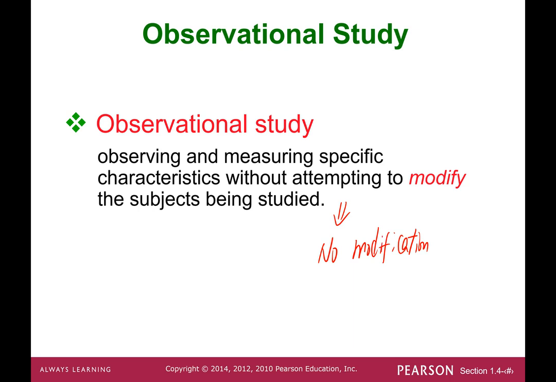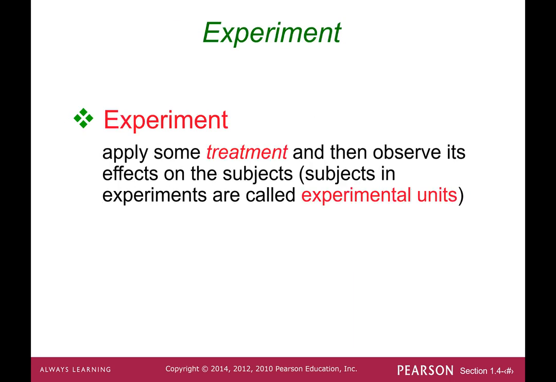You simply observe and measure the specific characteristics of the participants. Experiment: for an experiment, the researcher applies some treatment and then observes the effects on the subjects. The subjects in an experiment are called experimental units.